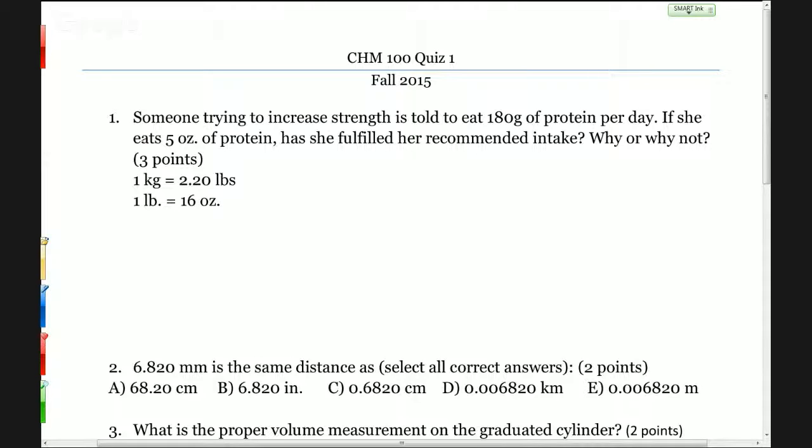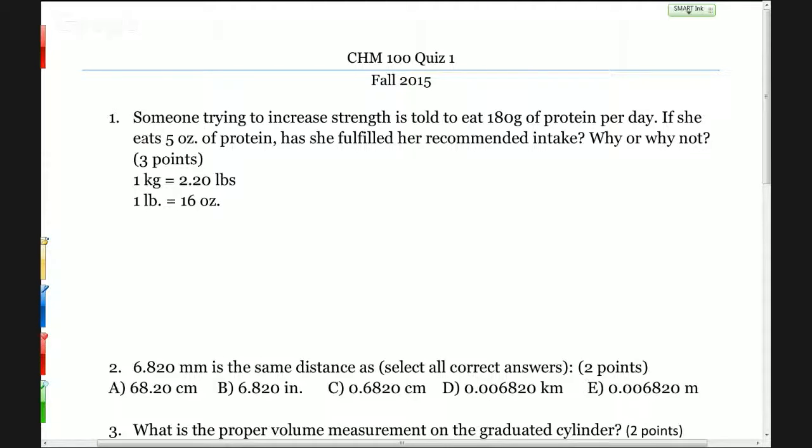In other words, if somebody eats 5 ounces, is that at least 180 grams? This is not an easy question to answer until we have those units in the same type of unit. So instead of grams, we could put them both in ounces, or instead of ounces, we could put them both in grams. People pretty much did, it was about 50-50 which way you went.